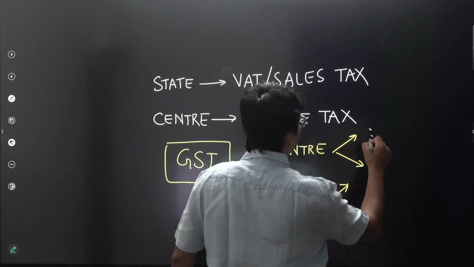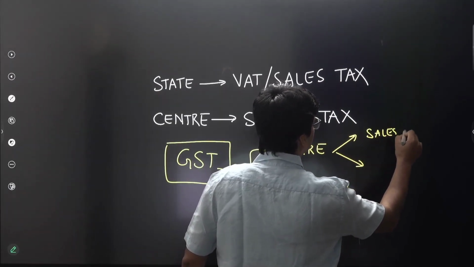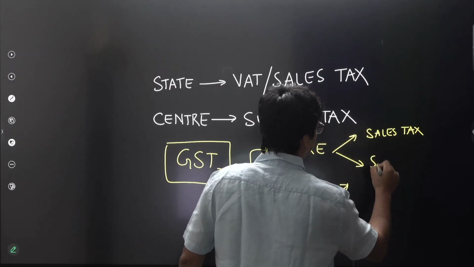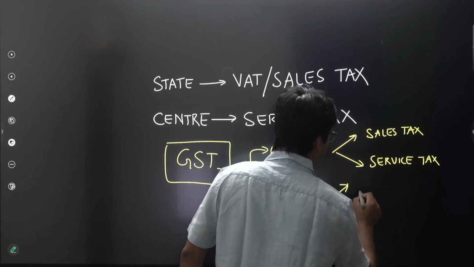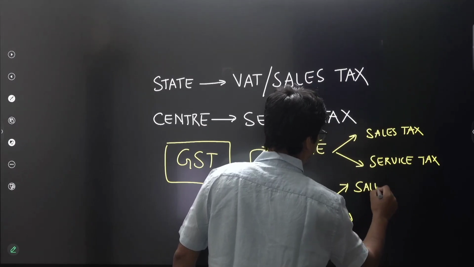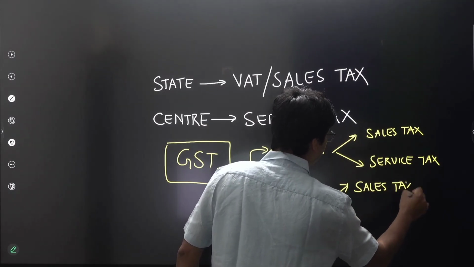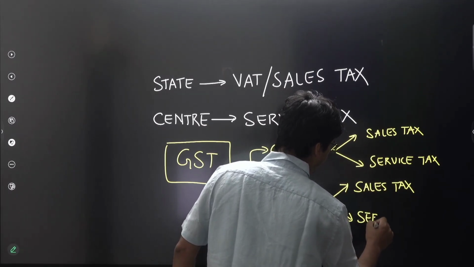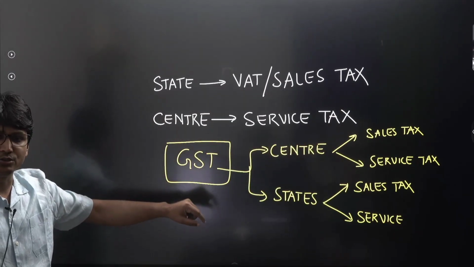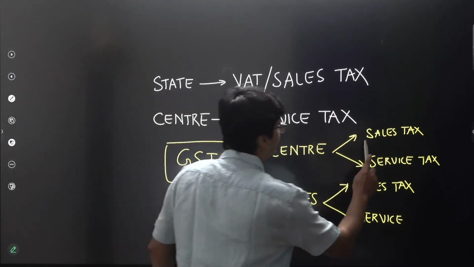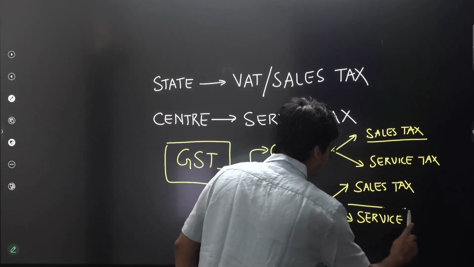Center also you have to collect sales tax and of course service tax. And similarly for states. तो स्टेट के पास तो पहले सेल्स टैक्स का पावर था ही, बट सर्विस टैक्स का पावर नहीं था. And hence to give both center and states the power to collect, for center to collect sales tax and for states to collect service tax.